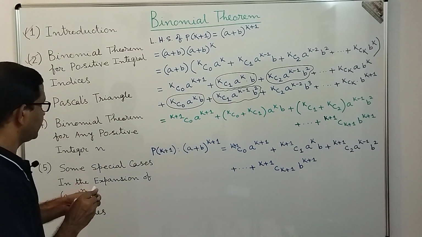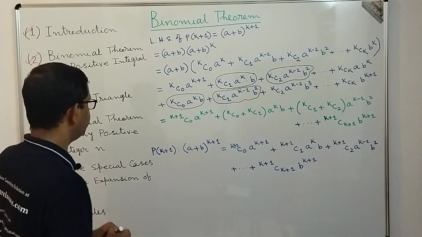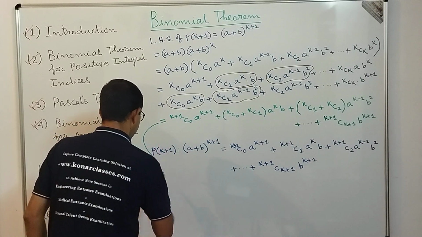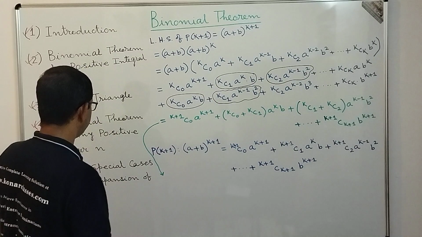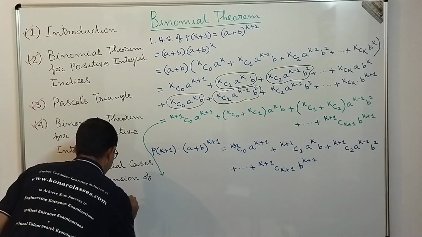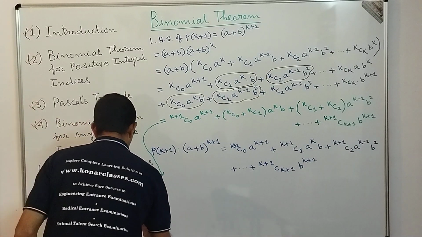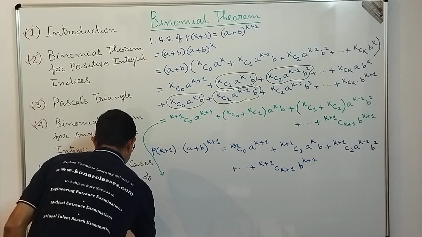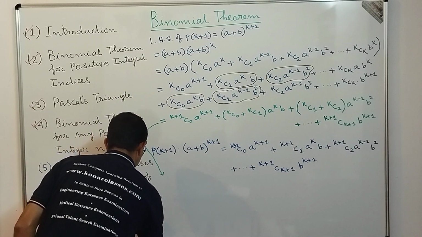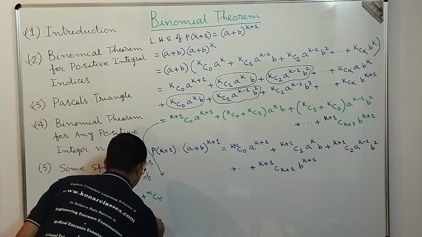Now, dear students, we know there is an important property of combination that says, let me write this property here: nC(r-1) plus nCr is equal to (n+1)Cr.